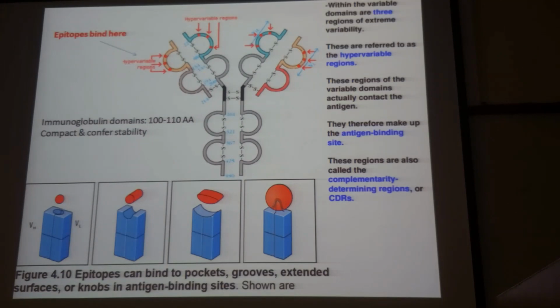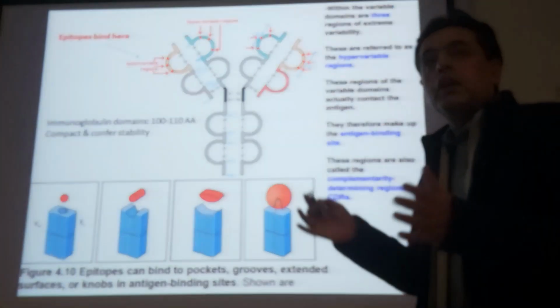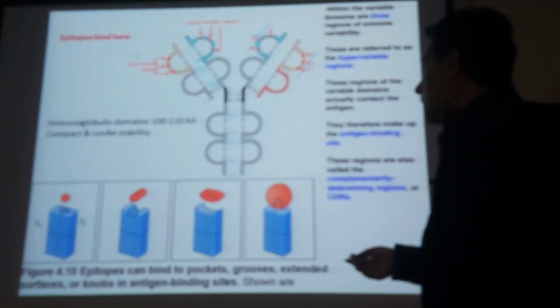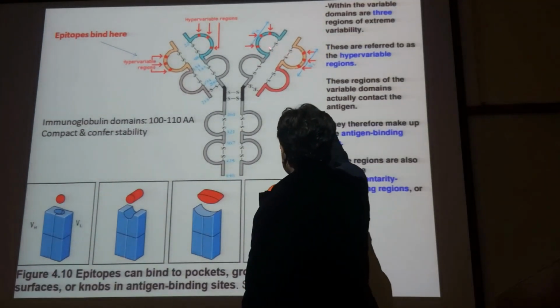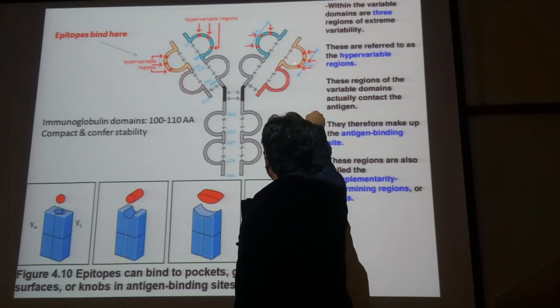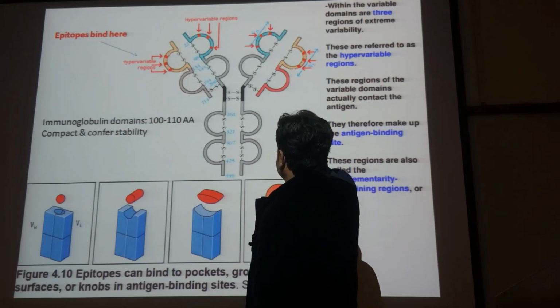I will tell you in the next slide maybe, because it's coming up. Okay, then I told you that in the variable domain, there is a hypervariable region. These are the variable domains that you see here at the top in different colors.